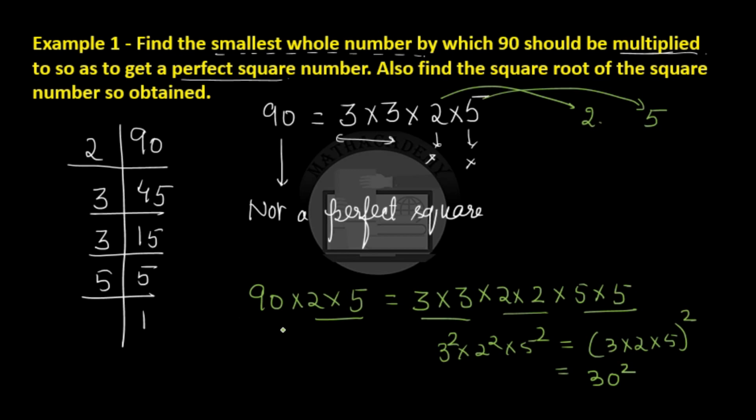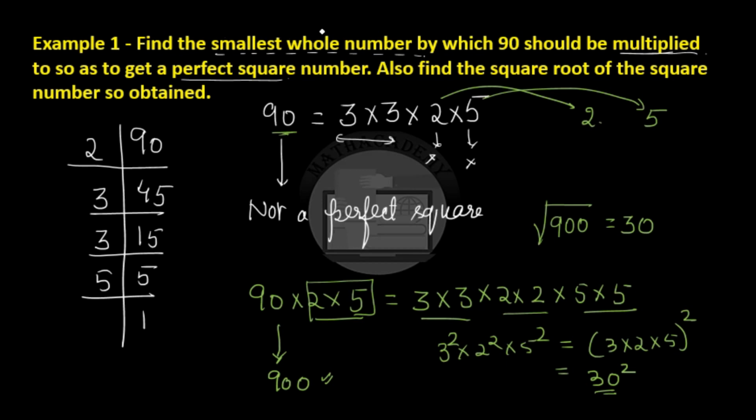Correct? And which number do we obtain here? It is 90 times 10, which is 900. So we see that 90 has to be multiplied by 10 to convert it to a square number, which is 900, which is a square of 30, and hence the square root of 900 is nothing but 30.